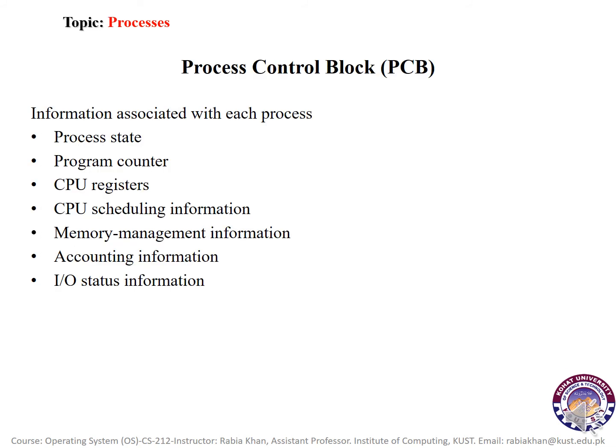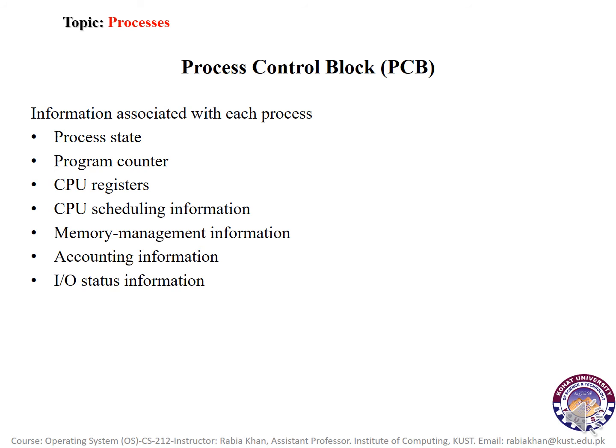Process control block is actually a block that has the controlling information related to a process. The information within process control block is generally organized in shape of a list. So that is why it is known as a block. It is in the shape of a block or a list.